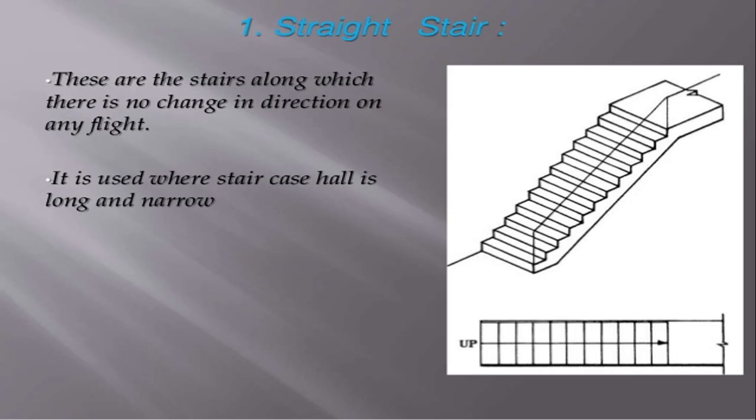It will look straight and end up at the first floor. So these stairs are called straight stairs. As you can see the definition for the straight stair: these are the stairs along which there is no change in direction on any flight. So how you make a direction or turn in a stair is using the flight.